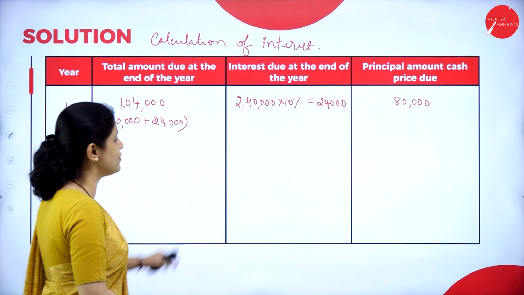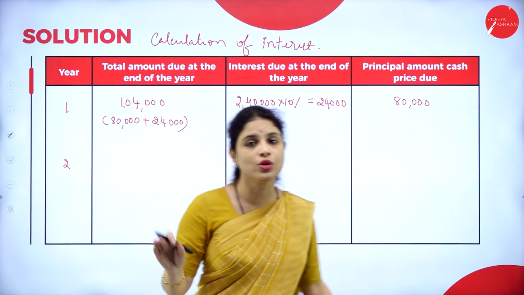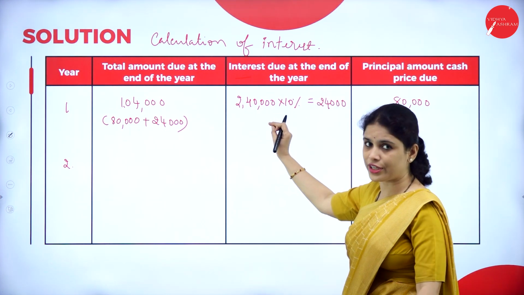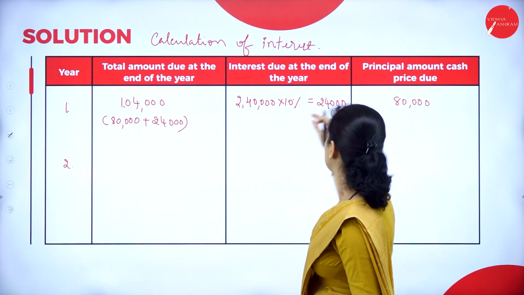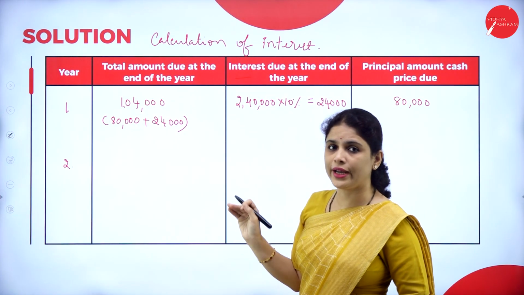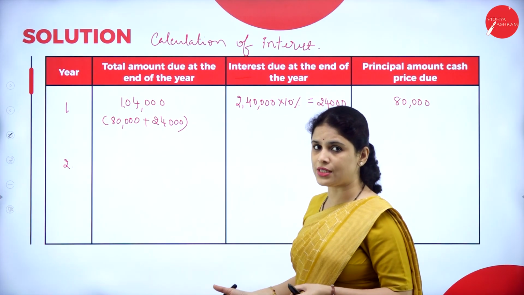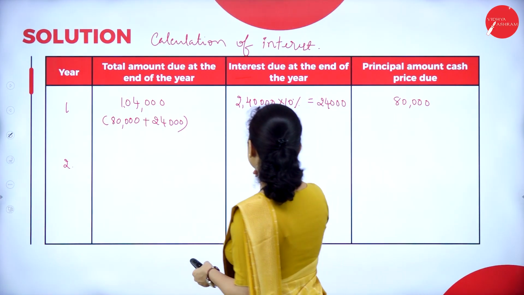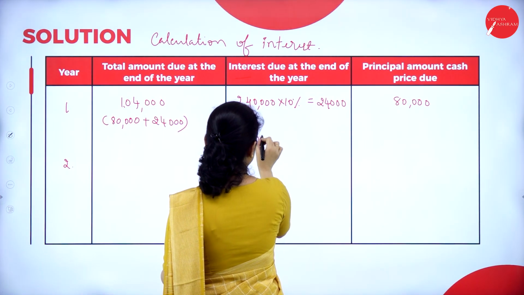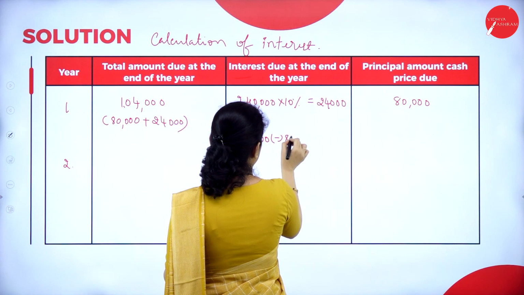Now let us see the total amount due at the end of second year. How to calculate it? First we will calculate the interest. So in the second year, on what price we will calculate the interest? Is that on 2,40,000? No, because 80,000 is already paid. So what we have to do? We have to calculate the amount first, that means due amount. So that is 2,40,000 minus 80,000.